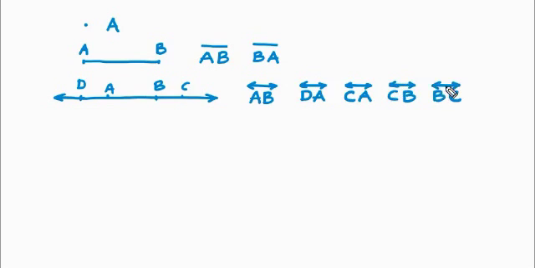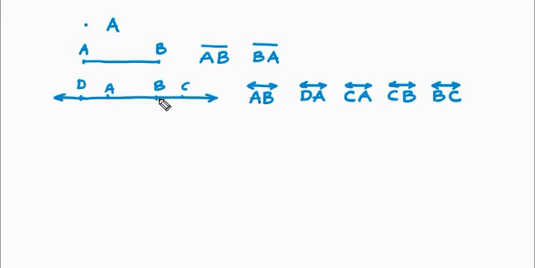The important thing to understand here is I can use any 2 points on this line to represent it. And the sequence of these points also is irrelevant. I can call this AB or BA.